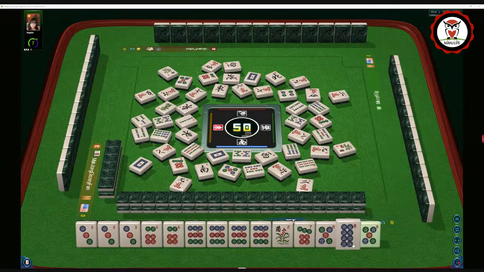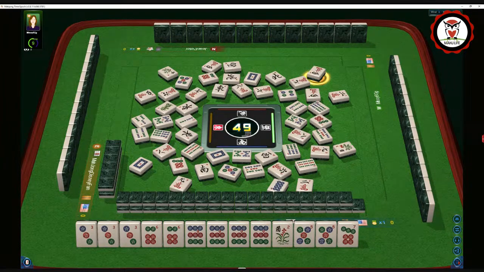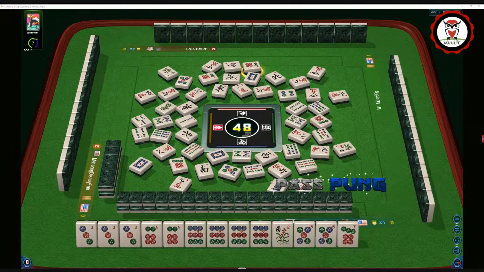Oh, and look, we got the 5. 8 dots. Oh my goodness. Okay, nobody wanted that 5 dot, so we're going to be in the end game in 4 picks. We'll be in the end game in 2 picks. That's a pair for us.